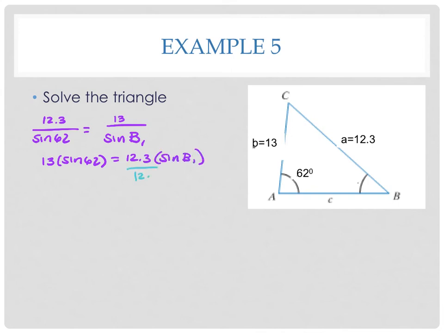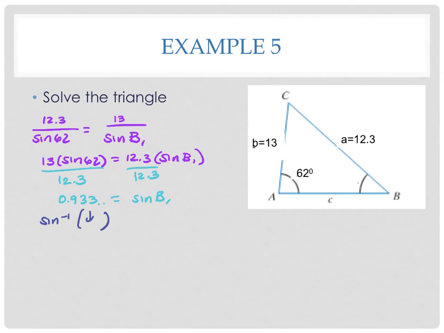Divide both sides by 12.3: 13 sine 62 divided by 12.3, and I get 0.933 equals sine of B1. I'm going to second sine it by pulling back the answer.